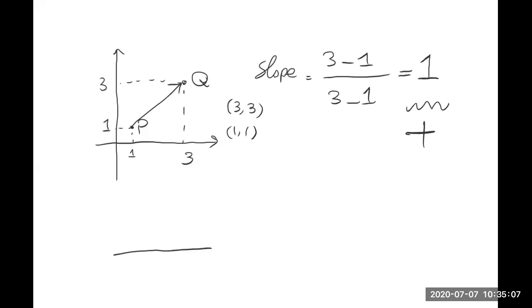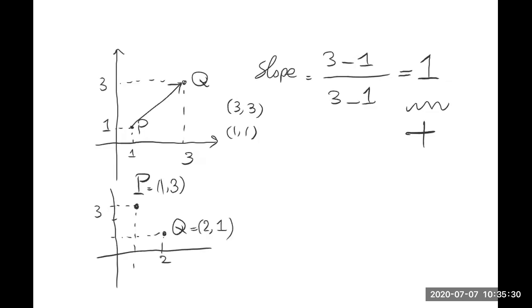Now, look at another vector, a vector which goes down. Suppose we have a point P, whose coordinates are 1 and 3, and another point Q, whose coordinates are 2 and 1, right? Now I can connect them. I would get the vector PQ.